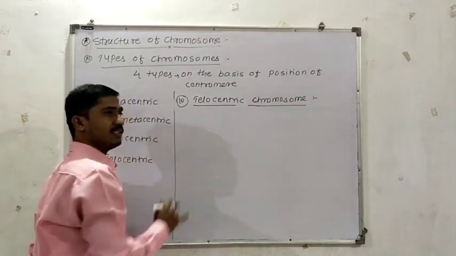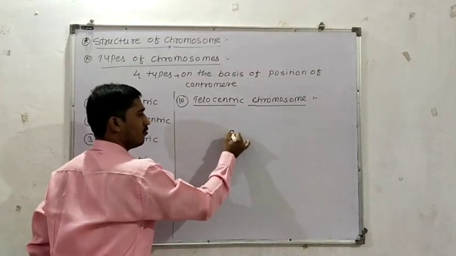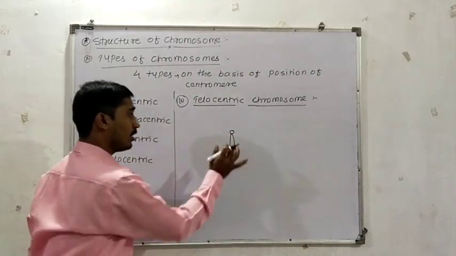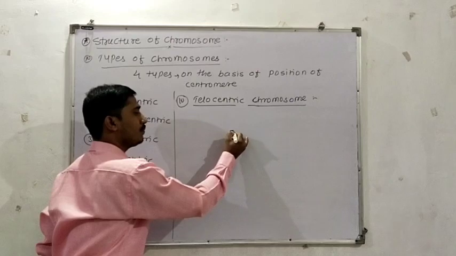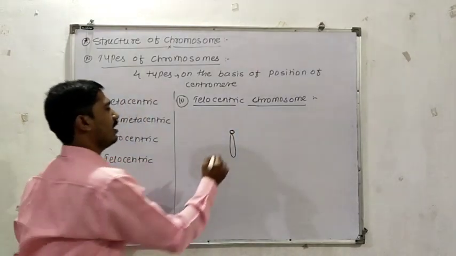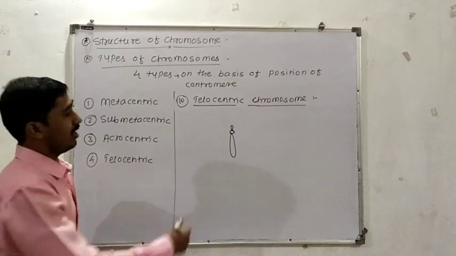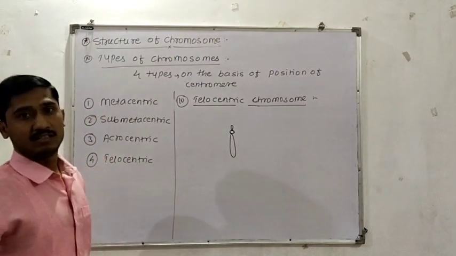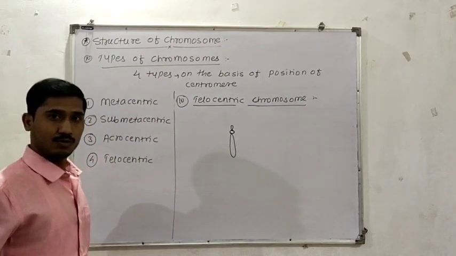So in this case, centromere lies at one end of one chromatid. At one end of one chromatid, there is the location of centromere and another chromatid has a negligible existence. Such types of chromosomes are called telocentric chromosomes.